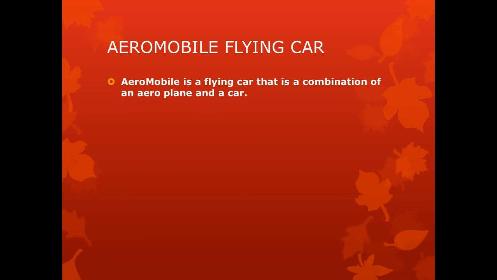How does this work? Aeromobile has two modes, which are called aeroplane mode and mobile mode. Mobile mode is used for car mode. So basically, the Aeromobile Flying Car has two types of mode, aeroplane and mobile.